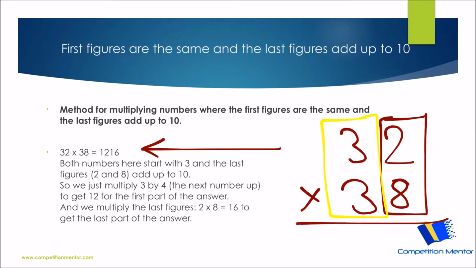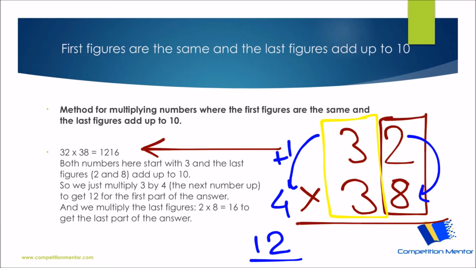For this kind of condition, what will you do? You do the same as before: 3 plus 1 is 4, and you multiply 4 into 3, that is 12. Then you multiply the last two digits, as you did with 5 into 5 in the last example, 2 into 8 is 16.